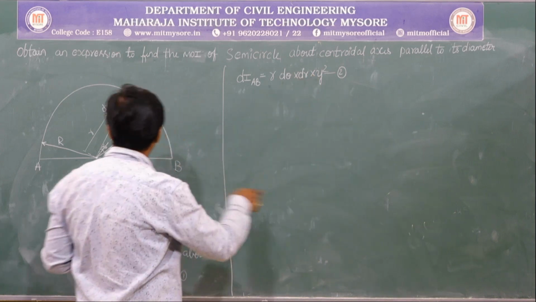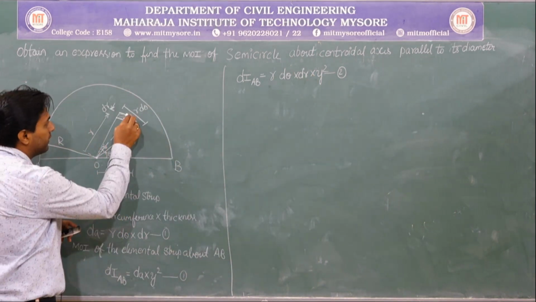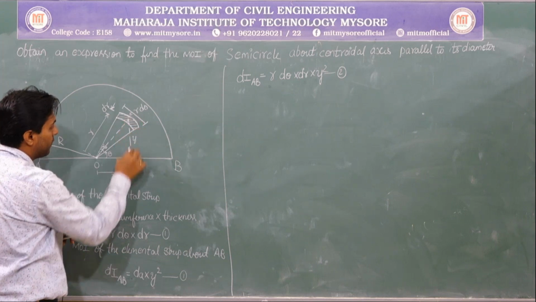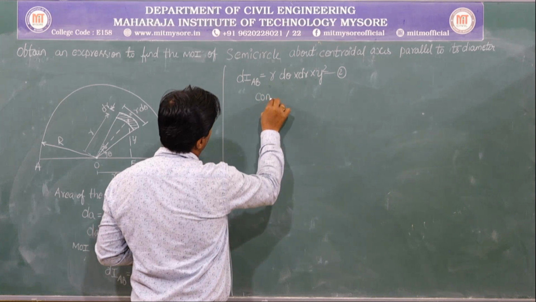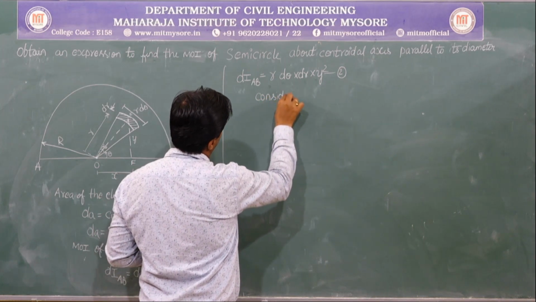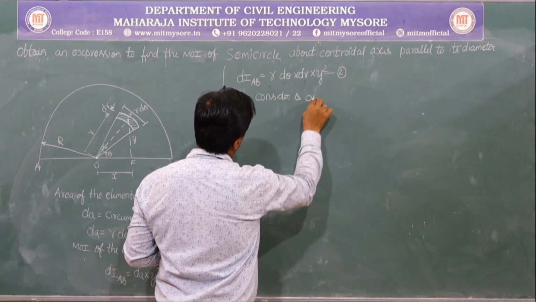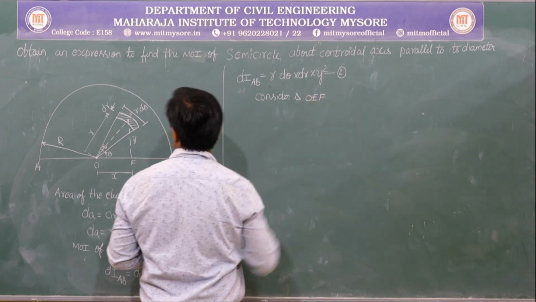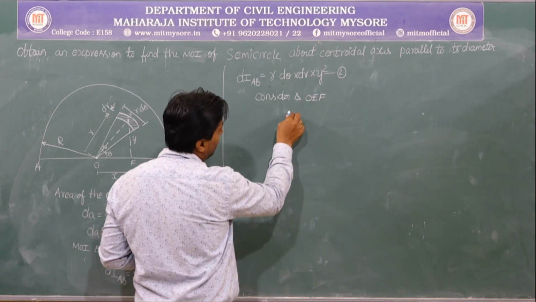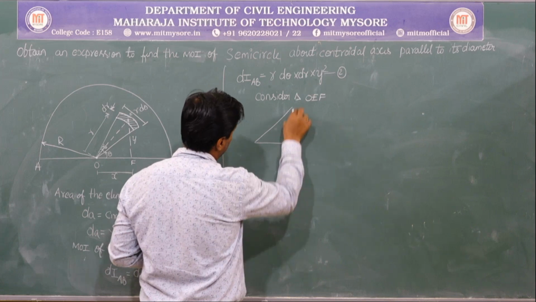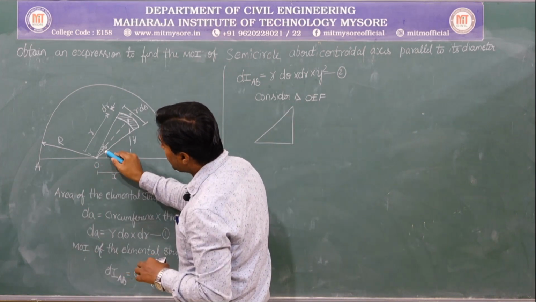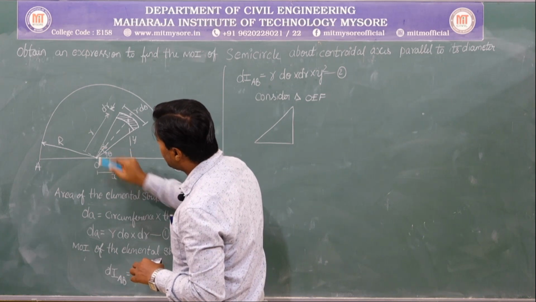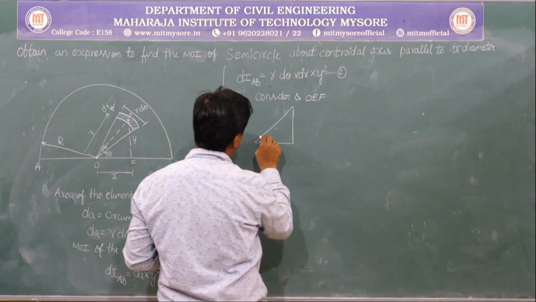Let me consider O, this is E and this point is F. Let me consider the triangle OEF. Here it is theta and this is d theta by 2, which approximately will be equal to theta only.